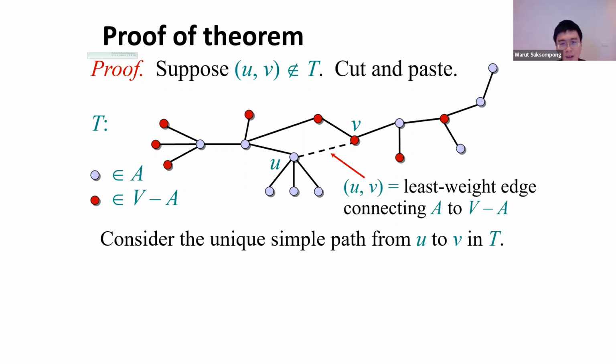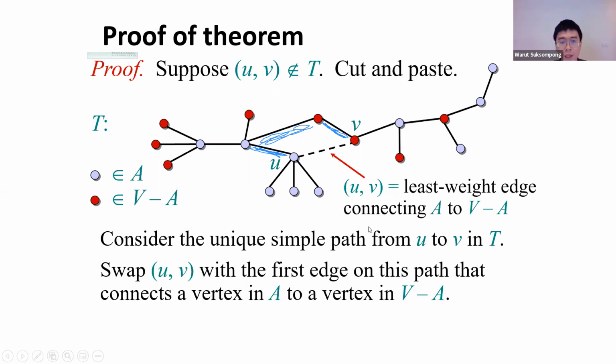You consider the unique simple path, because it's a tree, so there's only one path on this tree that connects U to V. Currently it's this path. Let me draw: this edge, and this edge. So that's the path that connects U to V.